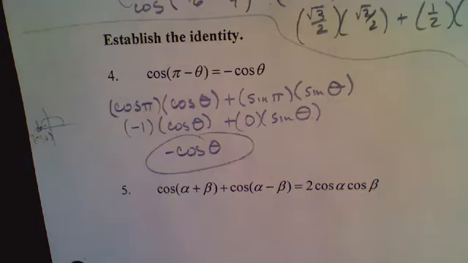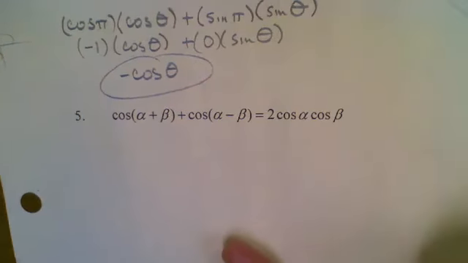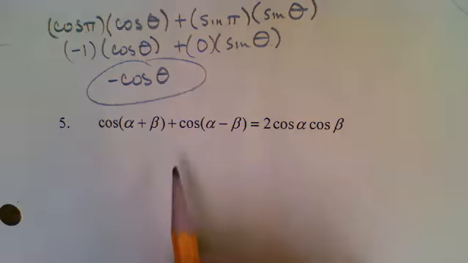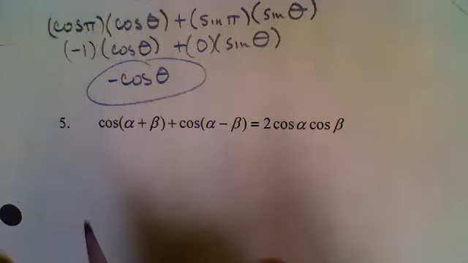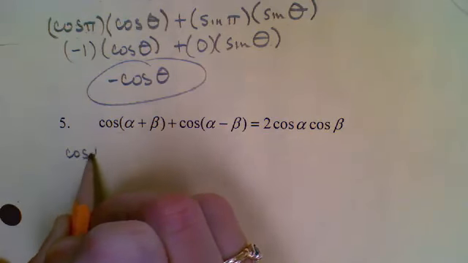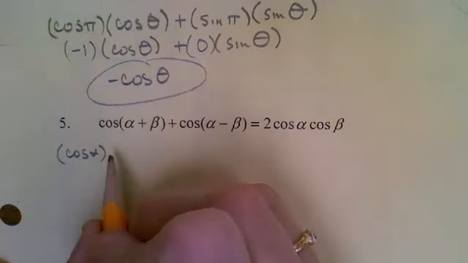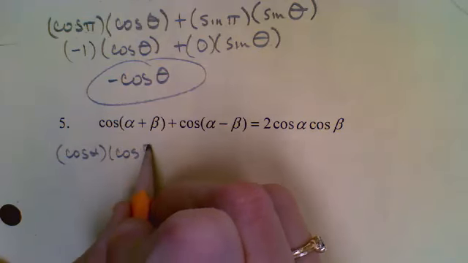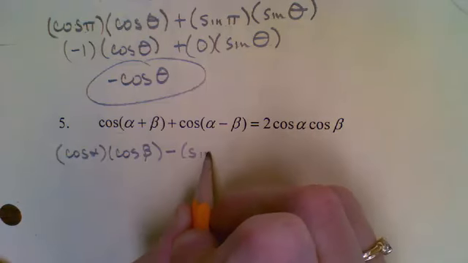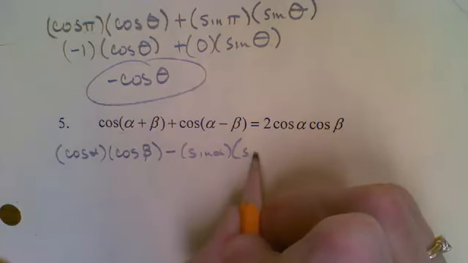All right, so let's do the same thing with number 5. Number 5 says you have the cosine of alpha plus beta plus cosine of alpha minus beta. All right, so let's use our formula on this one. Cosine of alpha plus beta is the cosine of alpha, cosine of beta, and with the plus then we have a minus the sine of alpha, sine of beta.